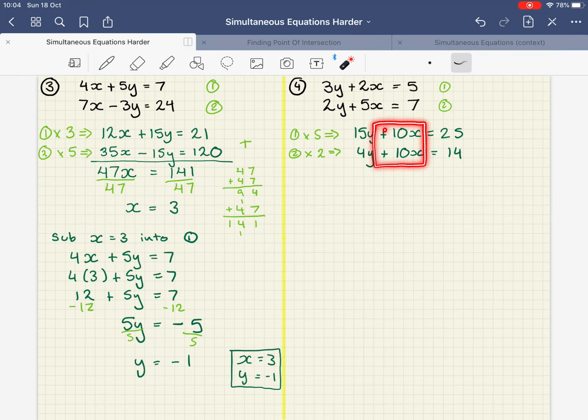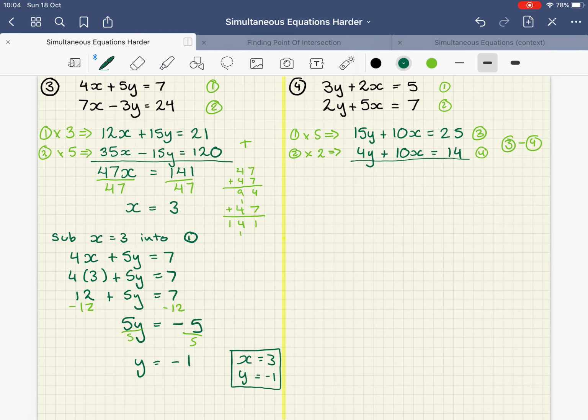My numbers are the same, but they're both positive, so I'm going to subtract them. And luckily, our things are lined up nicely that I can just do equation 3 take away equation 4, because equation 3 has larger numbers than its counterpart, so we're not going to deal with negatives. But you can always swap them around if you are going to hit negatives.